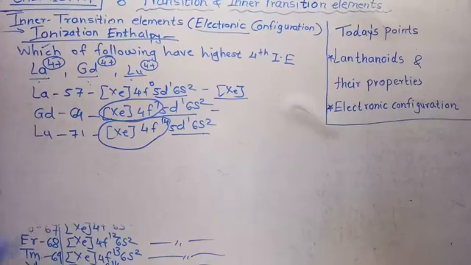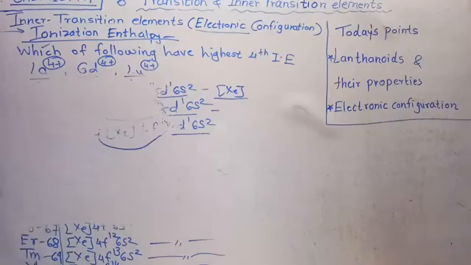Then, after ionization enthalpy, the next property is oxidation state. The oxidation states of lanthanoids.